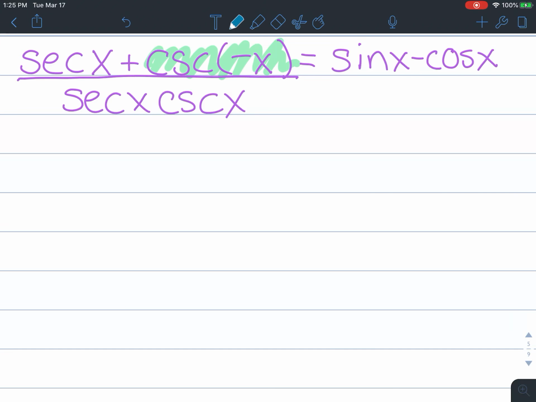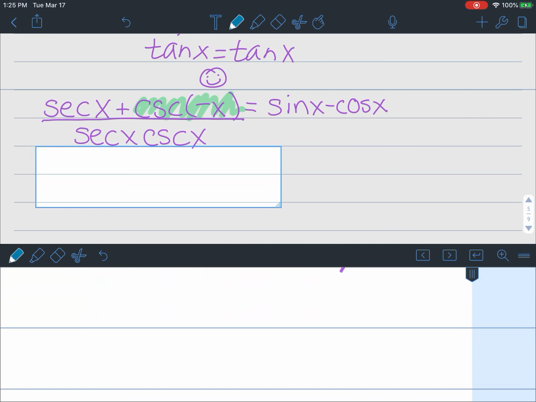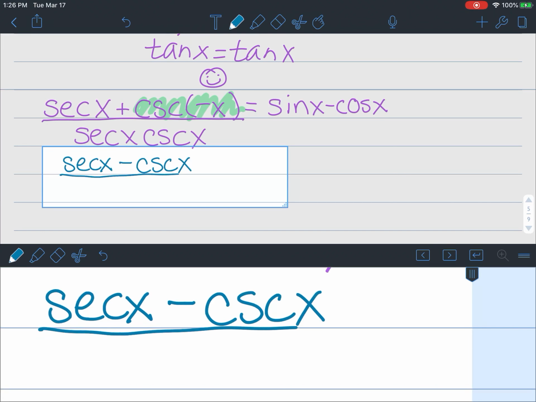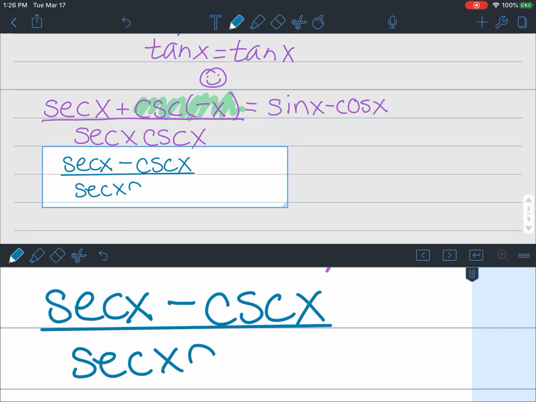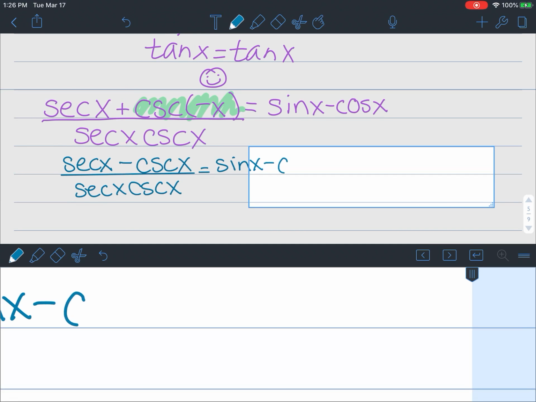So we're going to change that into secant x. And cosecant of negative x is the same as negative cosecant x. So if you don't have that written down anywhere, you should probably get that written down somewhere. And everything else is staying the same.